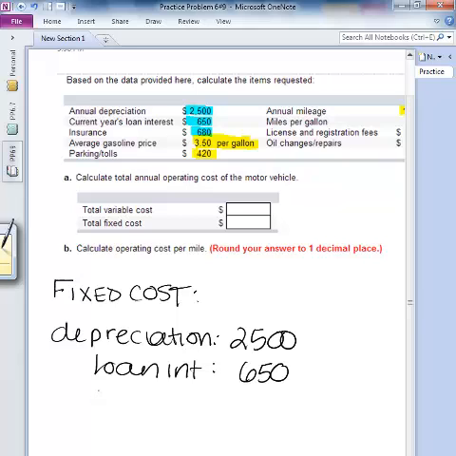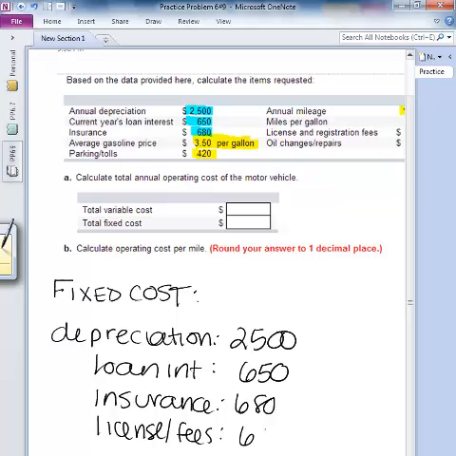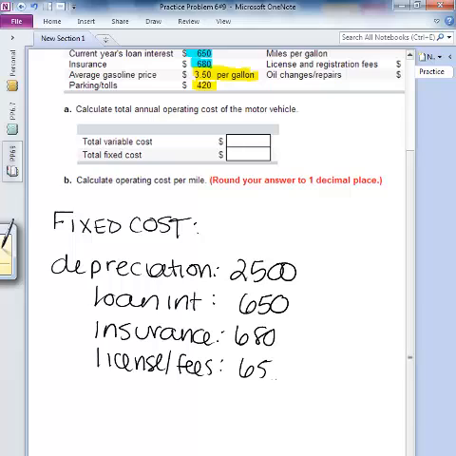I'm adding that to insurance, which was $680, and my license and registration fees, which is $65. The total of that comes to $3,895. So this becomes our total fixed cost, and $3,895 is what I'd put up here.